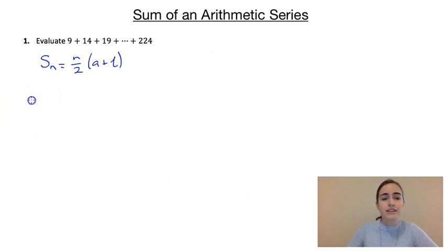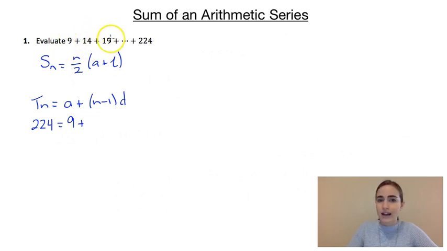Because we know it's an arithmetic sequence, we know that it has to satisfy a plus n minus 1 d. So we're going to put 224 in here. We know that a is 9, and for d, from 9 to 14 we're adding 5, and from 14 to 19 we're adding 5 as well, just to double check. So our d is 5, so we're going to have 5 times n minus 1. We can expand that out.